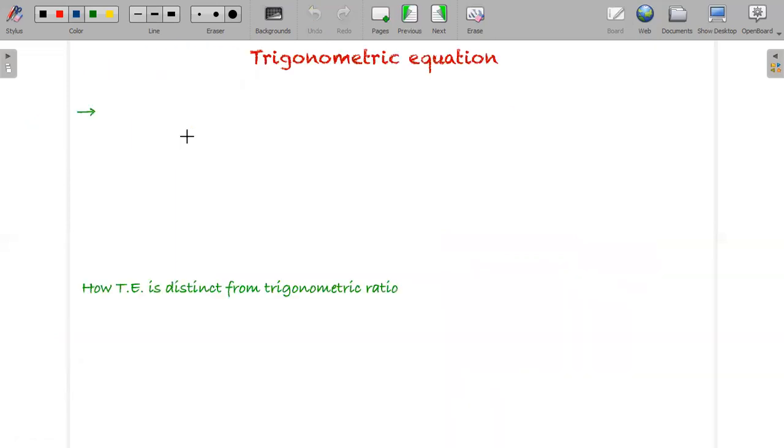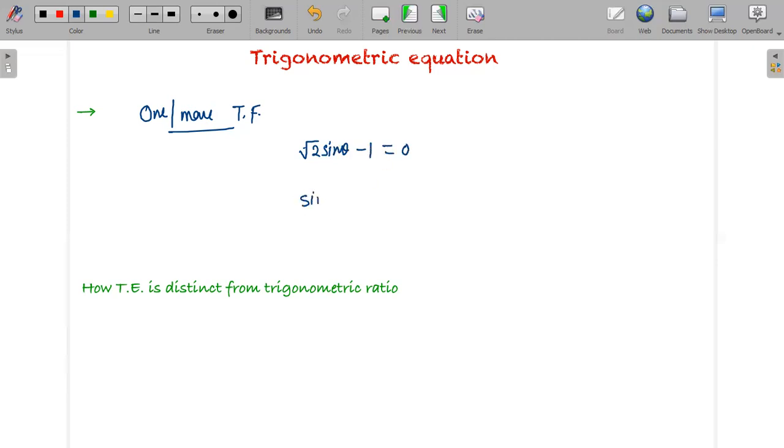So now, what is a trigonometric equation? A trigonometric equation is basically an equation which consists of one or more trigonometric functions in it. For example, say we have root 2 sine theta minus 1 equals 0. Now let me involve more than one trigonometric function.